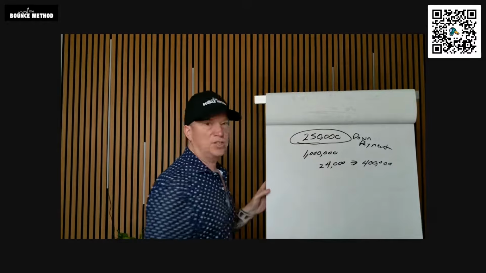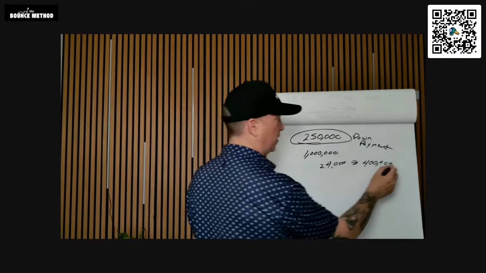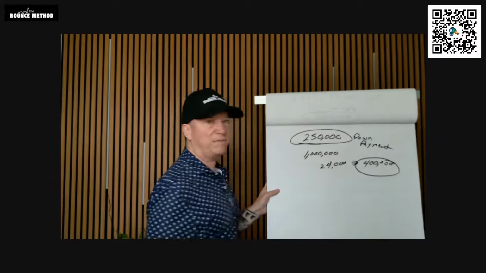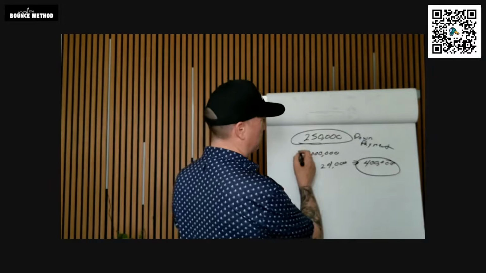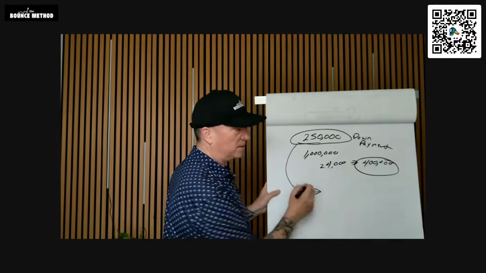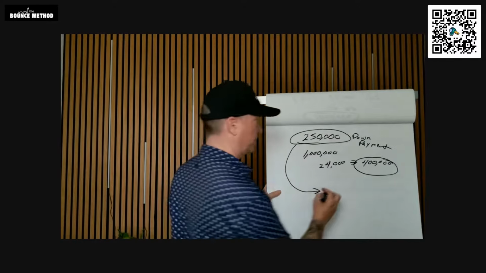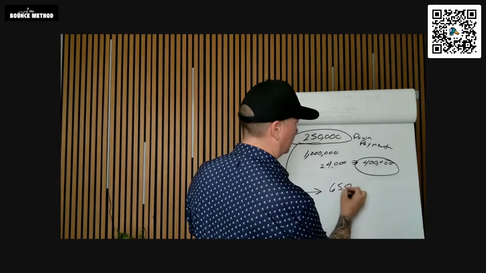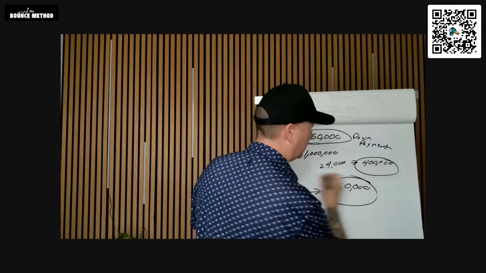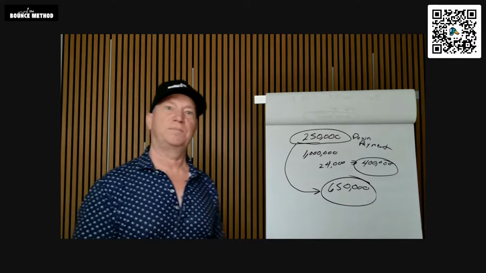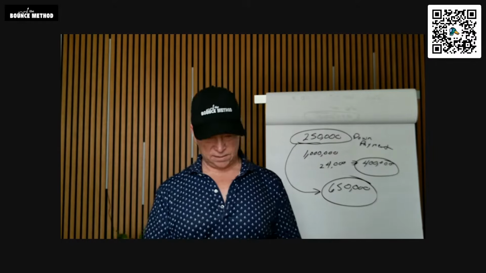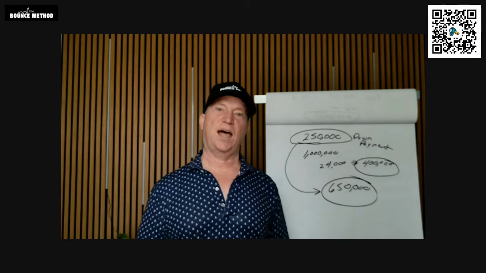I invested $250,000. I have changed the value by $400,000. So my $250,000 has now become $650,000. Think about that. The next time you're trying to decide between single family, multifamily.